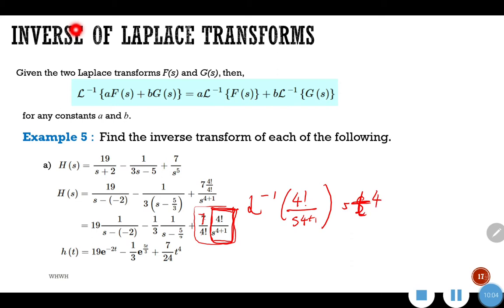So that's why lah jawapan you kat sini yang third term plus with 7 over 24. Kenapa 24? Because 4 factorial ni adalah 4 darab 3 darab 2 darab 1. So you see 12 darab 2, 24. Okay, so I hope I make yourself clear for first example.